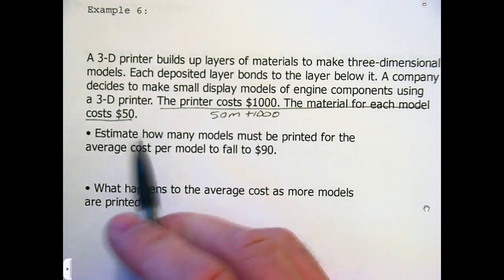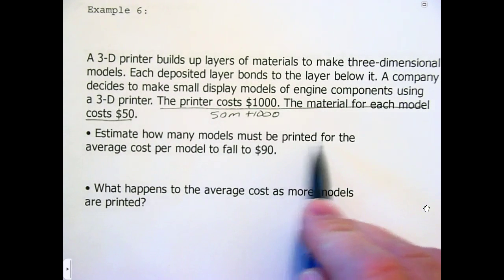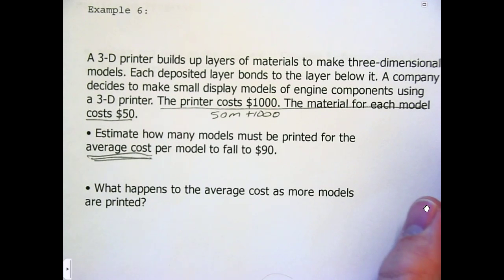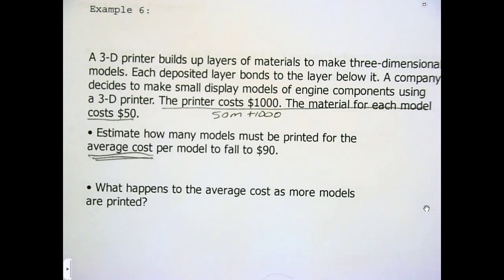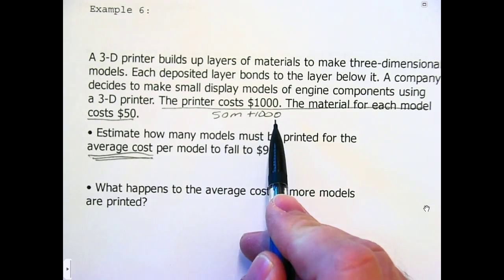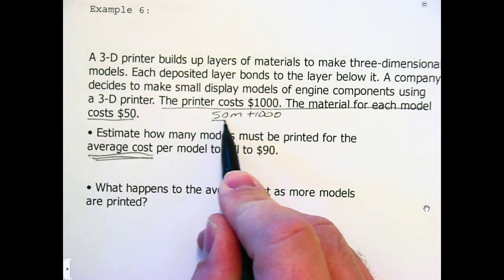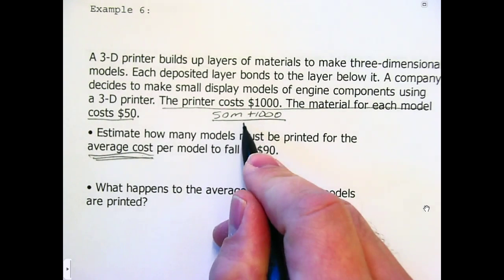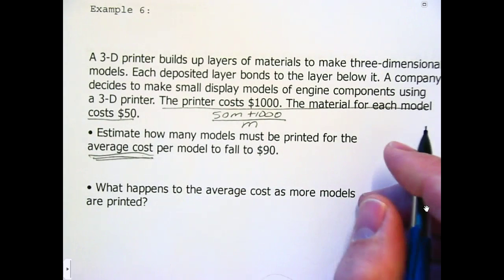All right. Then it says estimate how many models must be printed for the average. Now, when we're dealing with average, that means you're adding up everything and dividing by what? How many there are. So how many are there in this? There's m. So we have to take the cost, because we're doing the average cost, and divide it by m.